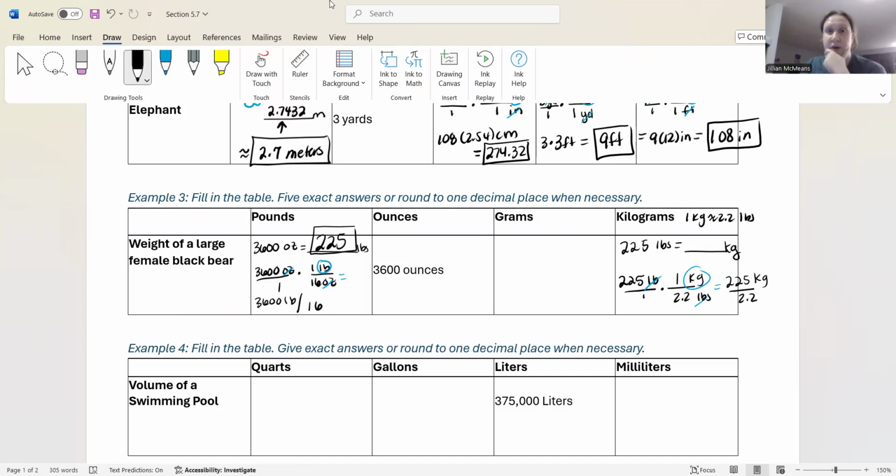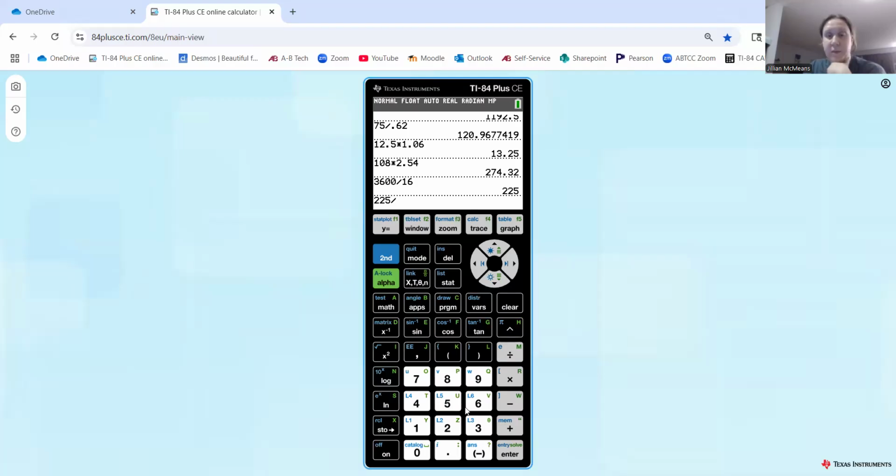So 225 divided by 2.2, and we're going to round to one decimal place. So we get 102.27. That 7 is going to round my 2 up to a 3. So we get 102.3 kilograms.